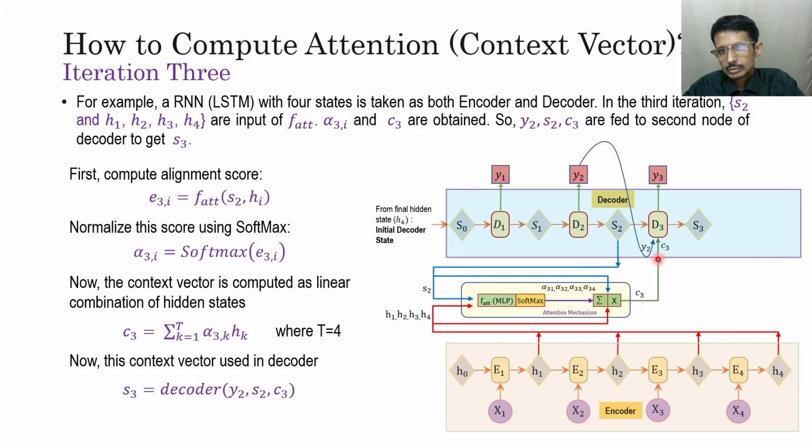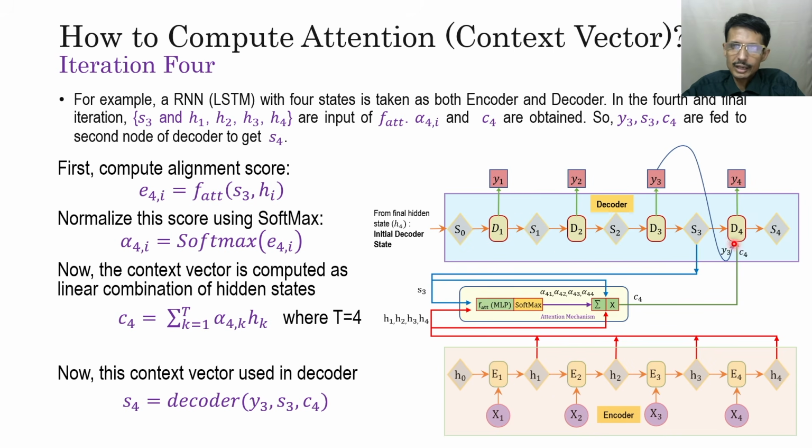The same thing happens in iteration 4, with the same mechanism, so we are not going through it. Here also e4i is computed from S3 and hi, alpha 4 is the softmax, C4 is taken similarly, and S4 comes from Y3, S3 and C4.